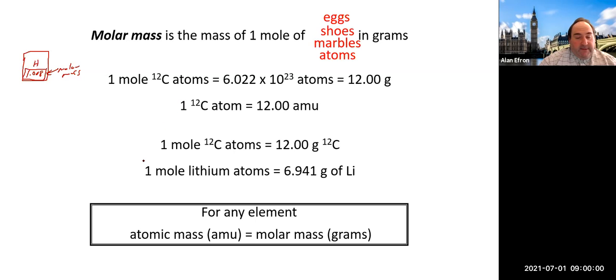Essentially, what I was saying earlier is that when we take something off the periodic table in AMU per atom, it is the equivalent of molar mass, which is grams per mole. The actual number is pretty much the same. It doesn't change. The units of molar mass are grams per mole.